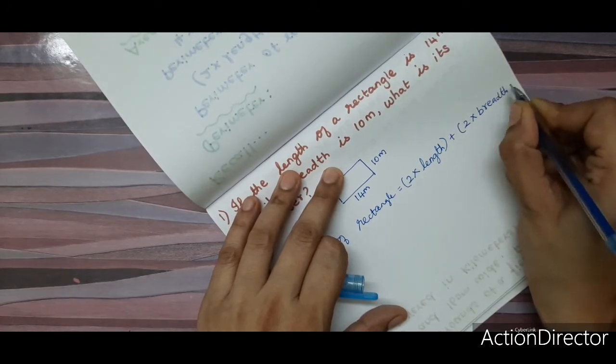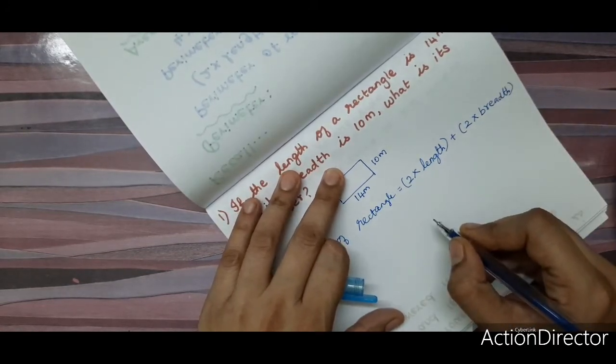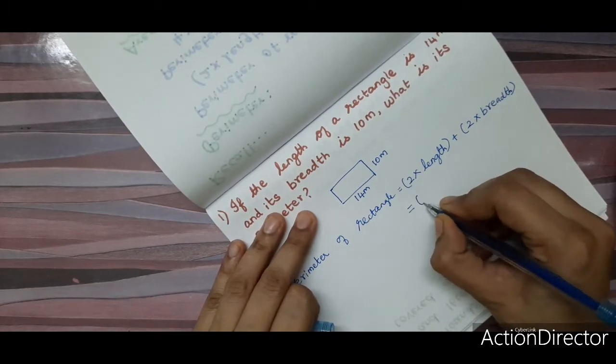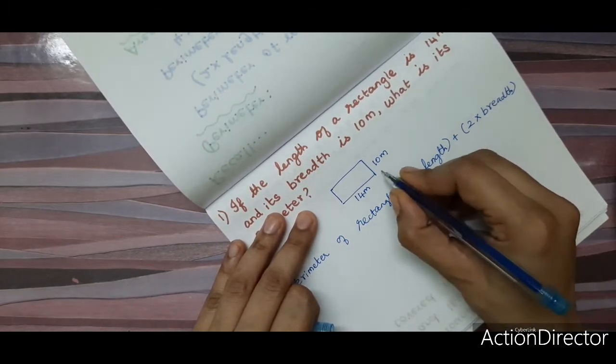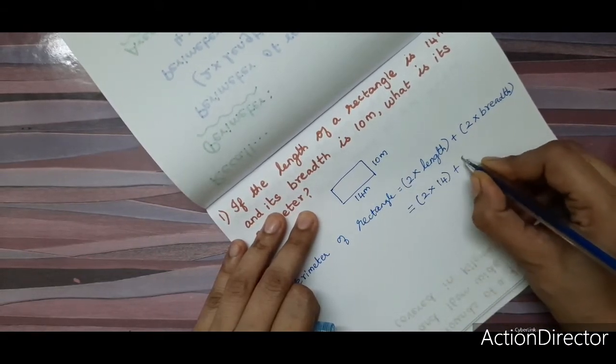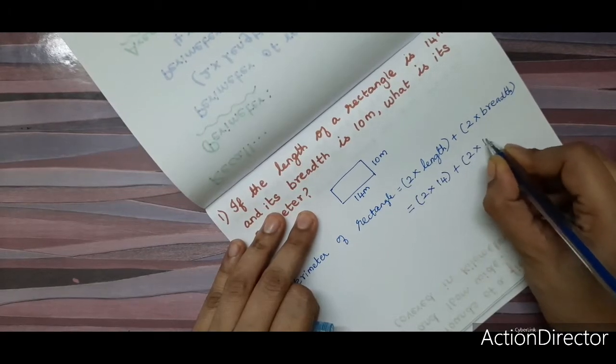So this is the formula for perimeter of rectangle. Now we multiply 2 into the value of length, it is 14 meter. 2 into 14 plus 2 into 10.